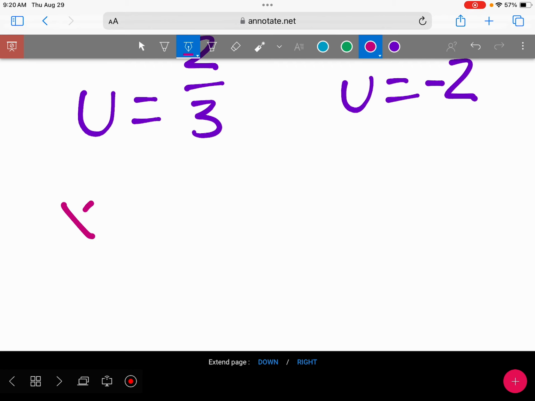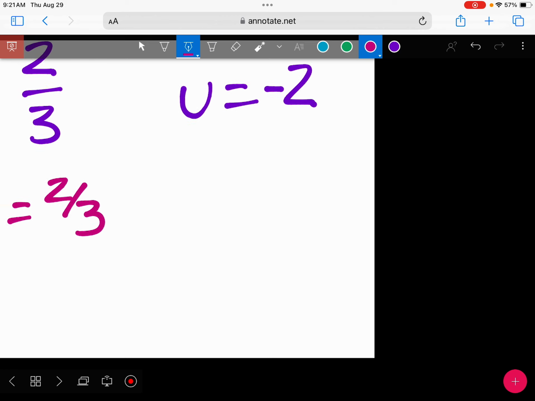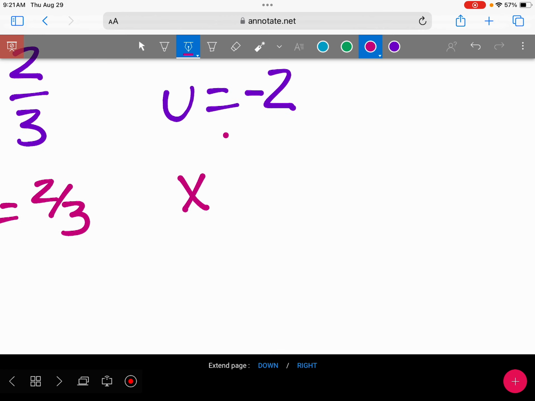So my x to the power of 1/3 equals 2/3, and my x to the power of 1/3 equals -2. So now you cube it. What do we do to get our x by itself? Cube it. To the 1/3 means take the cube root of, so to undo that, we cube both sides.